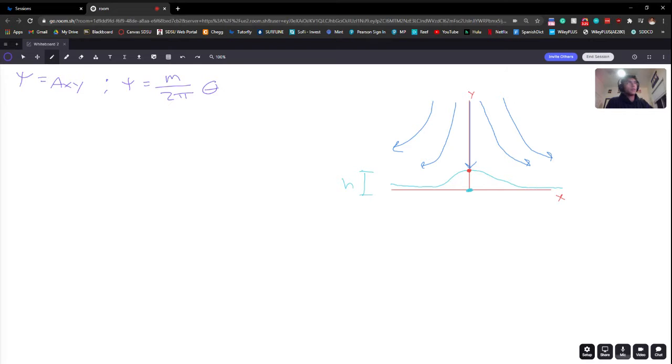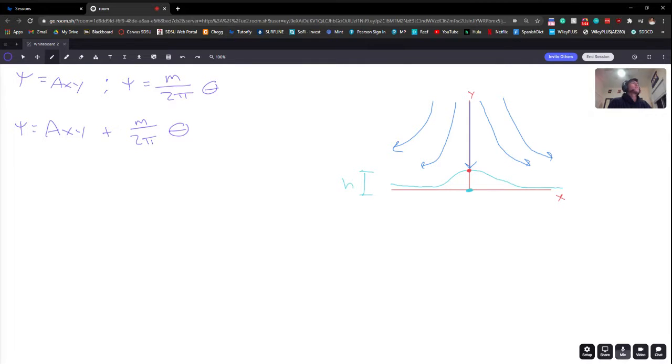And we know from superposition that the total stream function is equal to the uniform flow plus the source. So we have a x y plus m over 2 pi times theta.